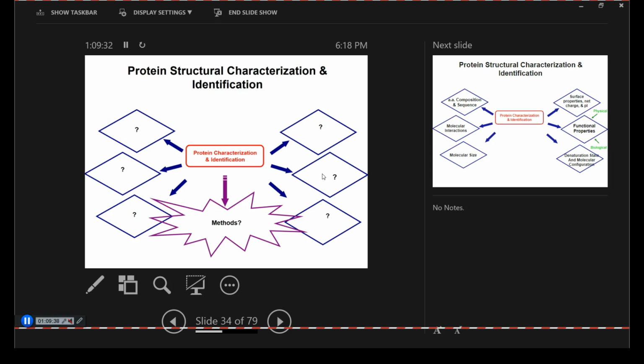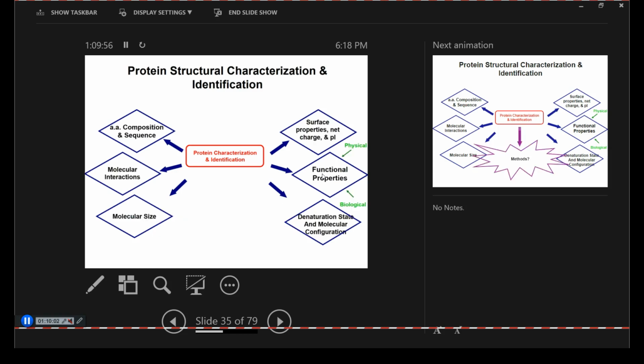Very good. What else? Surface properties. Excellent. With surface properties, we can say surface hydrophobicity, surface charge, surface sulfhydryl groups. These are all surface properties.